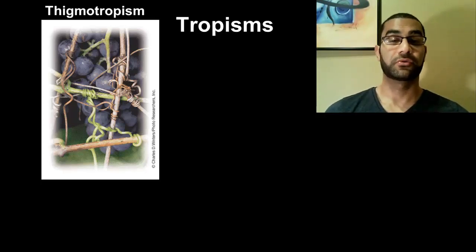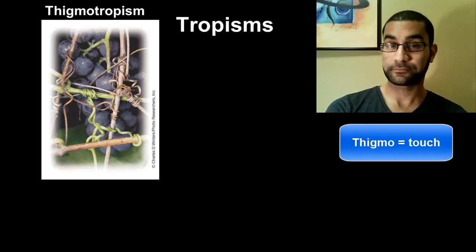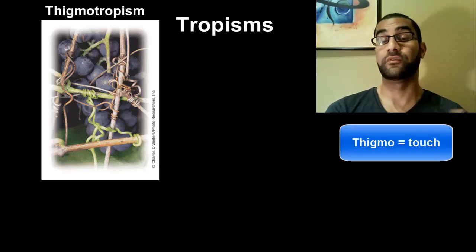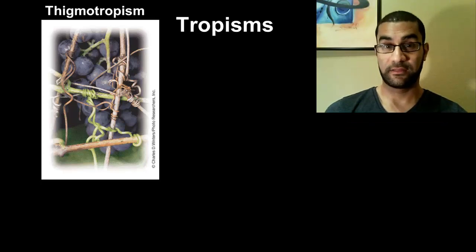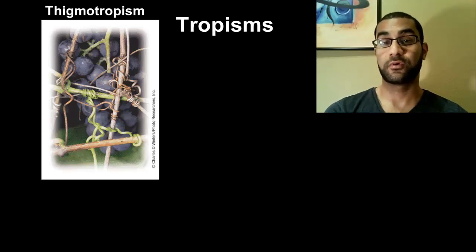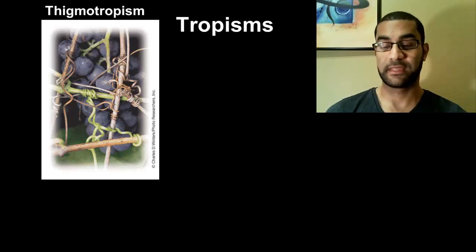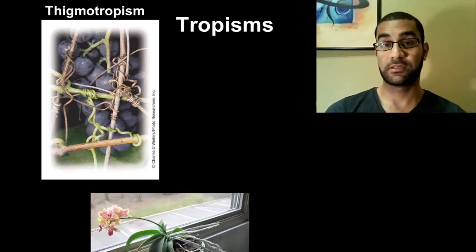That's called thigmotropism. Thigmo means touch. So it's when plants are actually touching other plants to help them move. Anything with a vine is a good example of thigmotropism occurring, grabbing onto things so they know where they are to be able to move themselves forward or up to get to where there's more light or a better environment. That's thigmotropism, which is to touch.